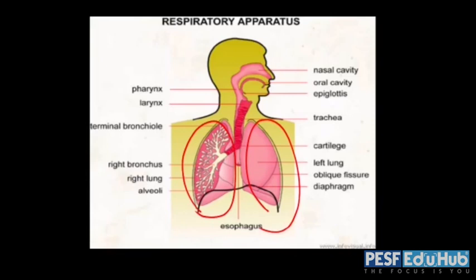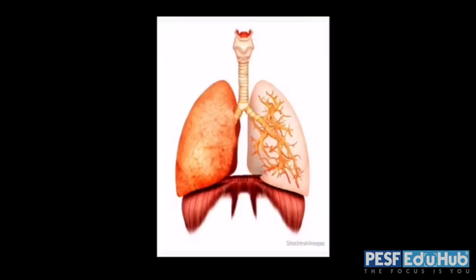The alveoli are thin, permeable, moist and vascular for easy exchange of gas. The function of the alveoli is gas exchange. Then below the lungs, see here, this muscle is called the diaphragm.